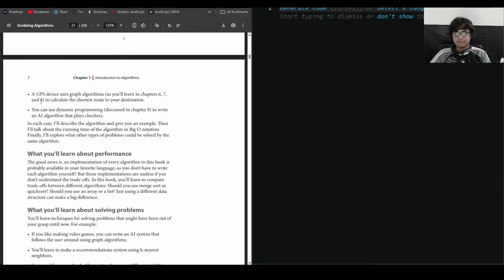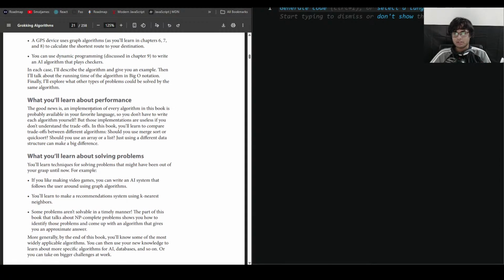A GPS device uses graph algorithms, as you'll learn in chapters 6, 7 and 8, to calculate the shortest route to your destination. You can use dynamic programming, discussed in chapter 9, to write an AI algorithm that plays checkers.